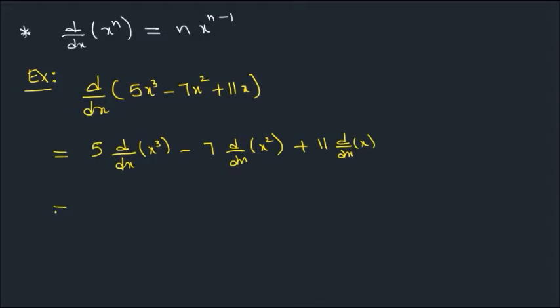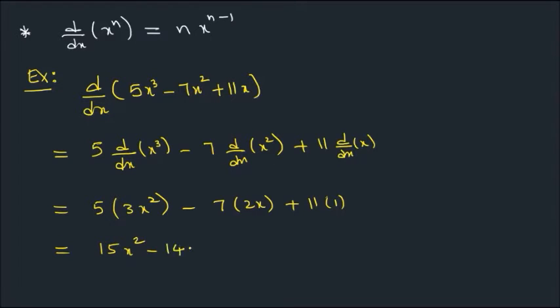Now, according to this structure, n into x to the power of n minus 1. So 5 into 3 x to the power of 3 minus 1 is 2, minus 7 into 2 into x to the power of 2 minus 1, 2x, plus 11 into d by dx of x, it is 1. So we can write it as 15x square minus 14x plus 11.